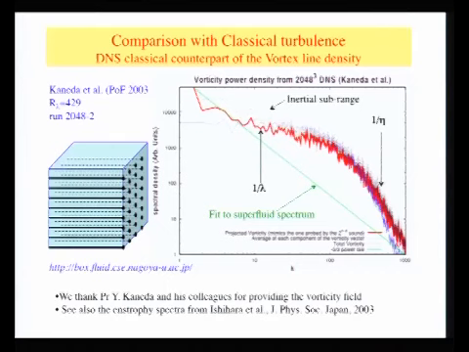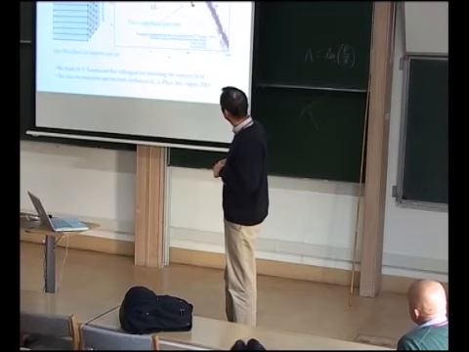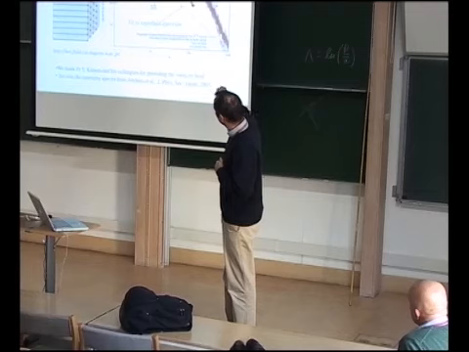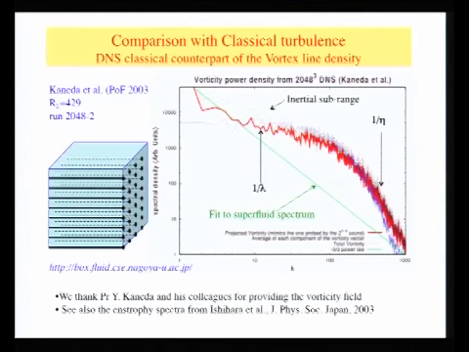So this power spectrum, the curve in red shows the result of a DNS simulation. The inertial range is here, and in this region you see again that the tendency or the scaling, or whatever the physics is in the classical fluid, seems to differ from the slope that was measured in superfluid helium.